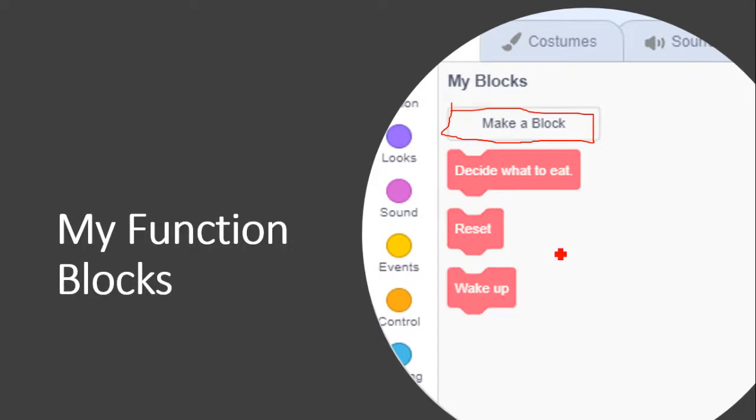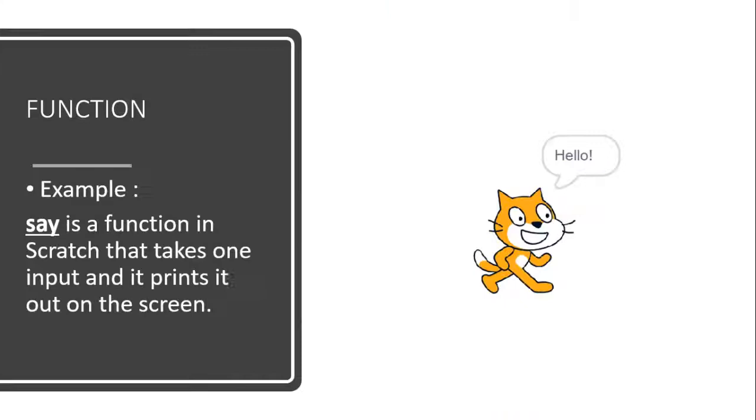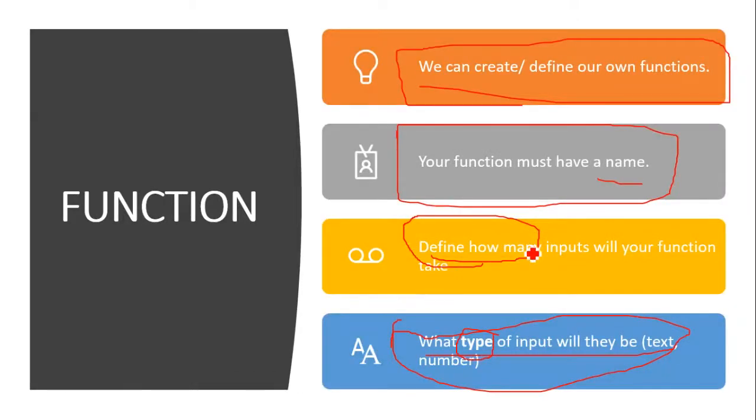And then you define it so that we're able to understand what your function is going to be doing, and then give it a name so that you're able to call it. Decide how many inputs you're going to have in a function and what type of inputs you're going to need if you're working with an input type of function.